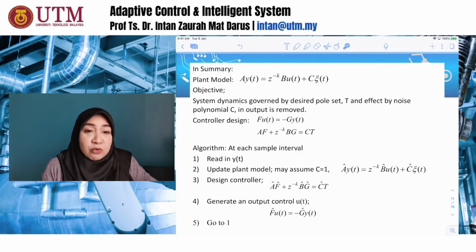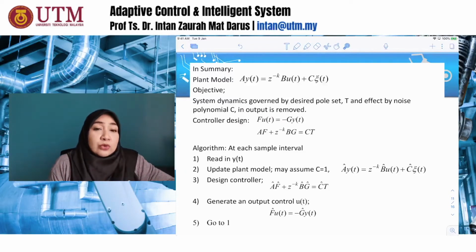At the same time, you want your system to be stable, so you decide a set of stable poles, and that set of desired poles is given by t just now. Okay, and the effect of polynomial c needs to be removed. So these are the two objectives that you want to achieve. The first is to remove the polynomial c, and the second one is to ensure the stability of the system. You set the desired poles t.